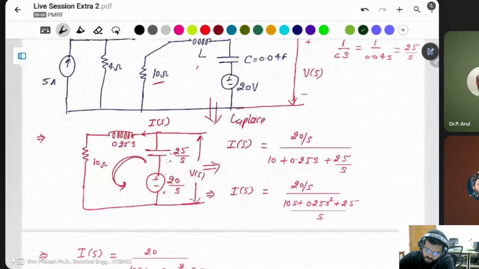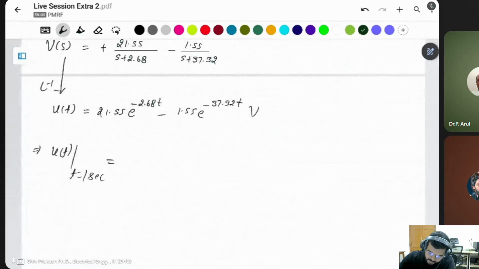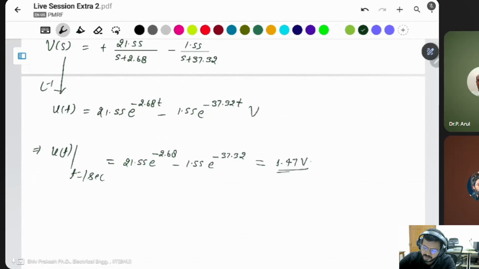Now put the value 1 in place of t. So 21.55 e to the power of minus 2.68 minus 1.55 e to the power of minus 37.32. We have to find the value, and this is 1.47 volt.